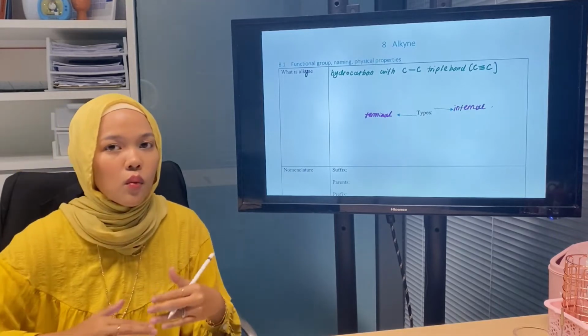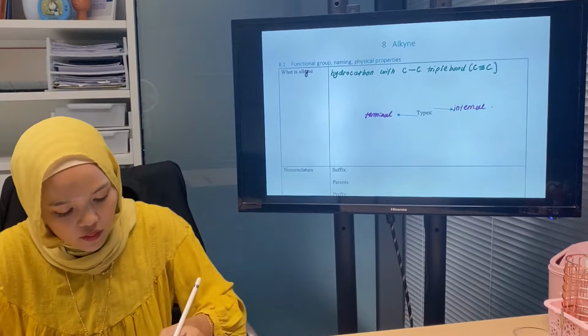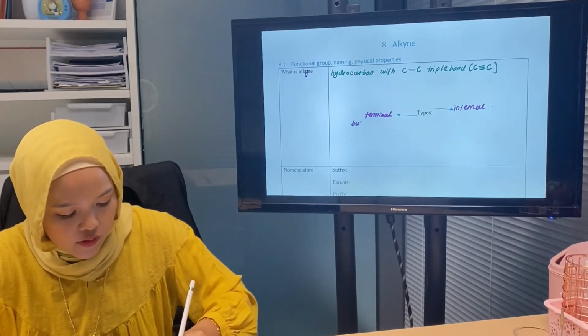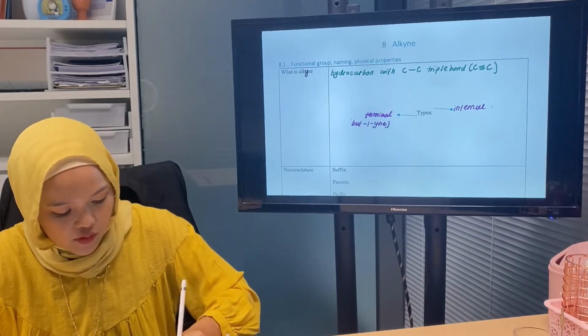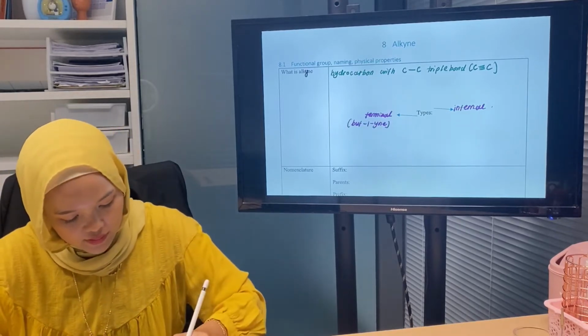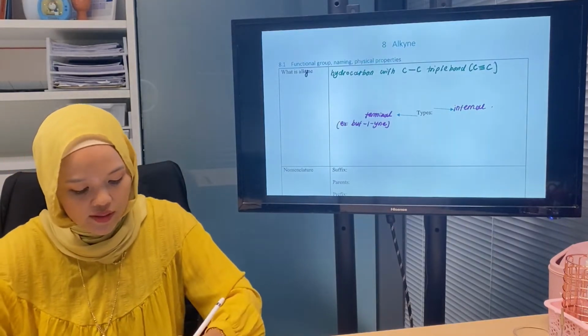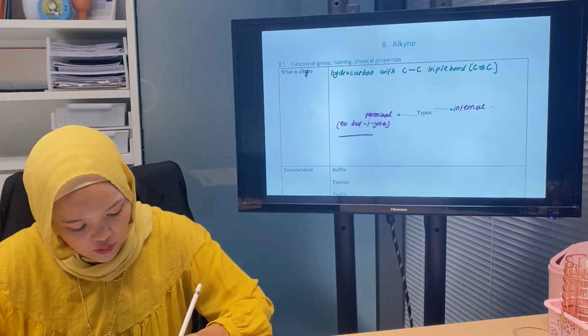So what are the differences? Let us take butyne for example. You can have but-1-yne. So, for example, 1, 2, 3, 4.